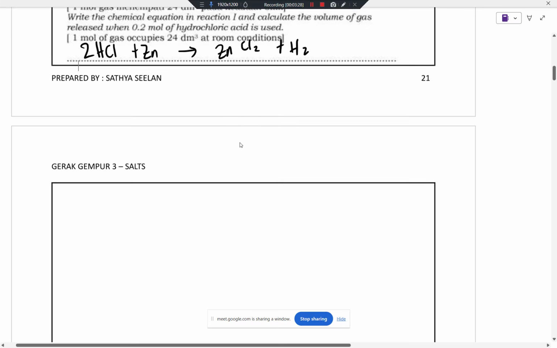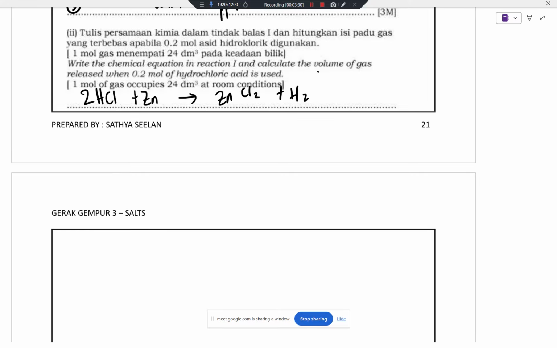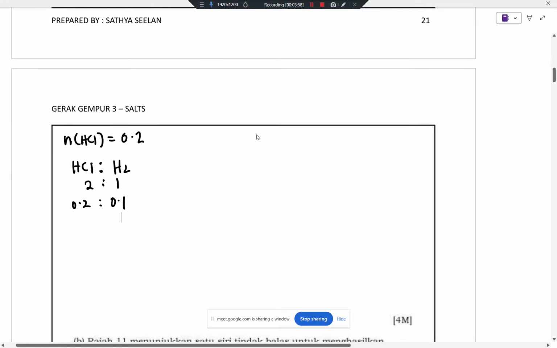Then calculate the volume of hydrogen gas released when 0.2 mole of hydrochloric acid is used. So they already give you the mole. Number of moles of HCl is given, 0.2. Now we compare the HCl with what we need to find, the hydrogen. Hydrochloric acid is twice the hydrogen. So if hydrochloric acid is 0.2, this should be 0.1, right?